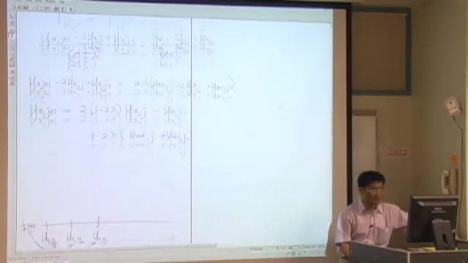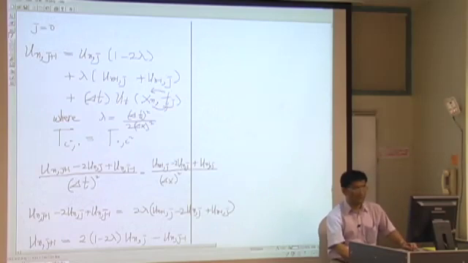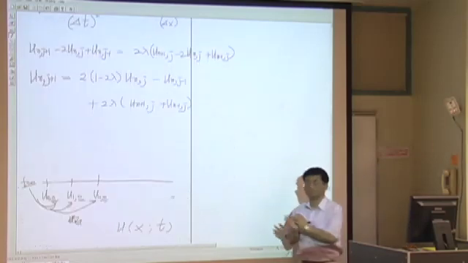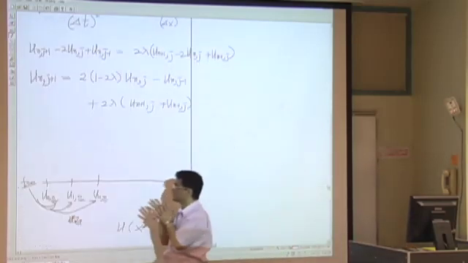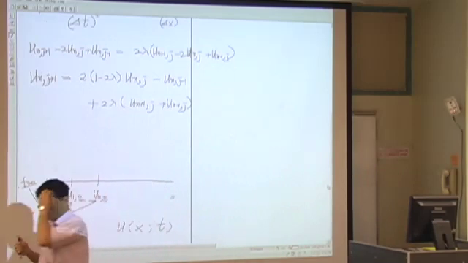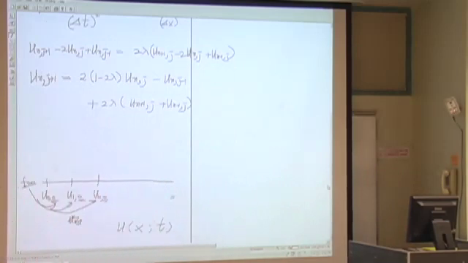I will pause and then you can check whether you completely follow these things or not. Yes? We don't iterate in the wave equation. In this case, we don't iterate.